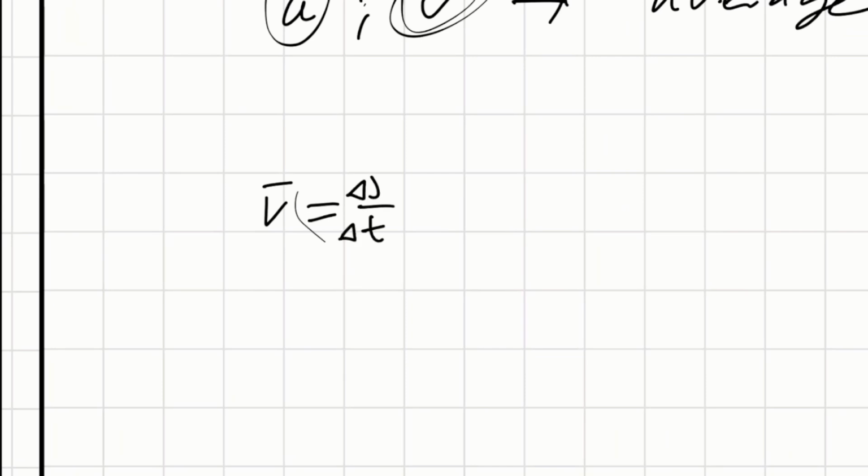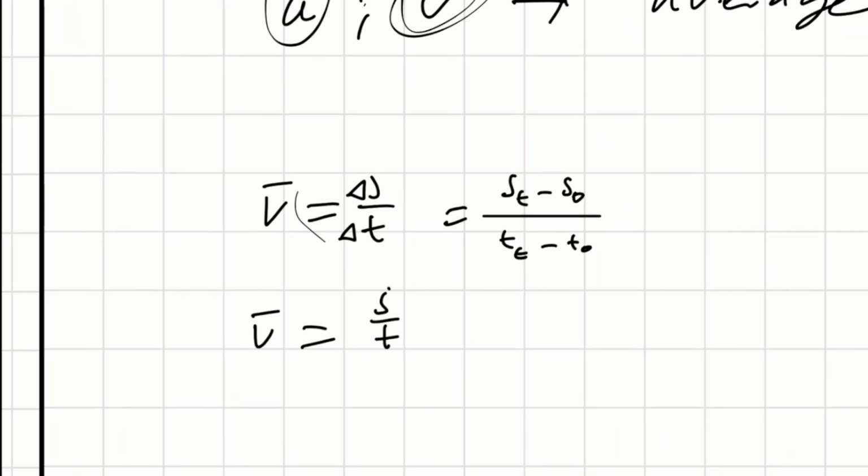And of course, we're going to make delta here, because this is nothing else than s end position minus s starting position. Same thing with t. But again, for simplification, let's stick with s and t. Later in the exercise, you can still do delta if it's necessary.